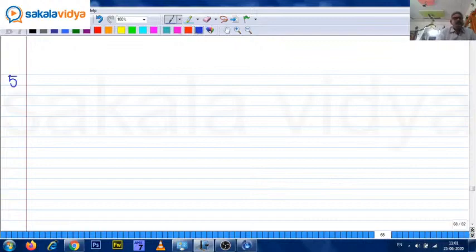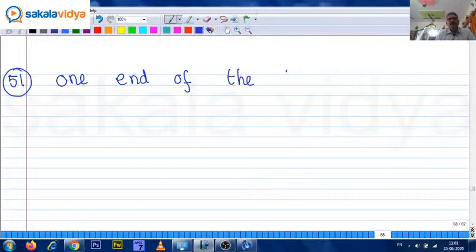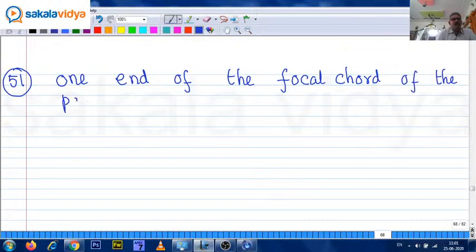Question number 51. One end of the focal chord of the parabola y square equals 16x is 1 comma 4.